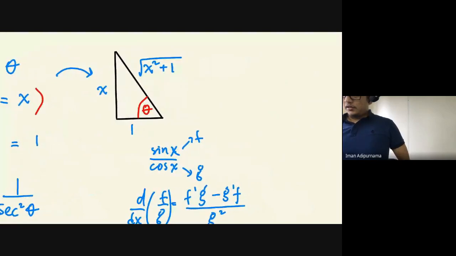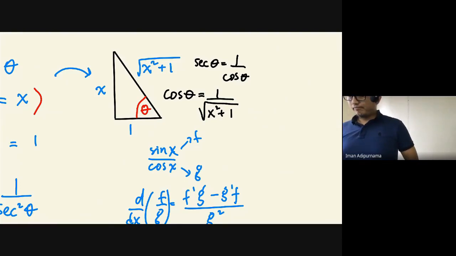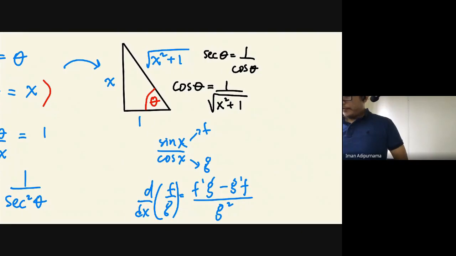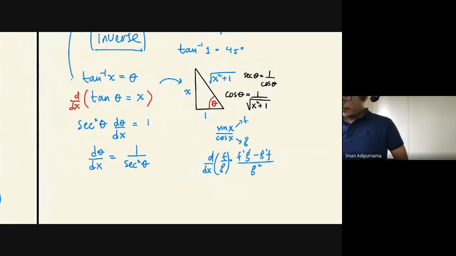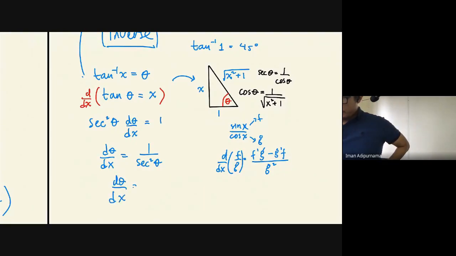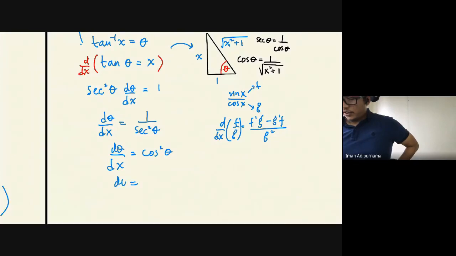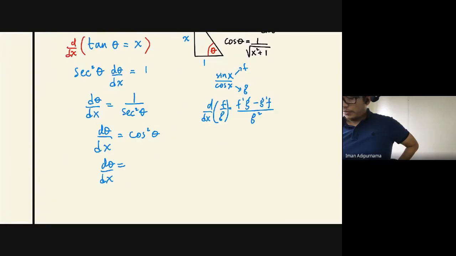Secant theta is 1 over cos. 1 over secant squared is cos squared theta, and I will write this as this whole thing squared. So it becomes 1 over x squared plus 1.